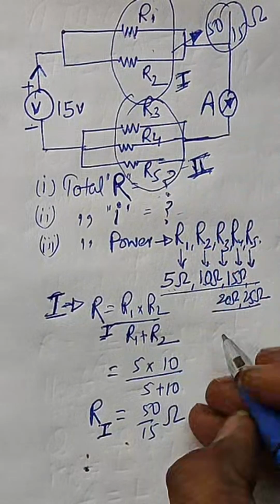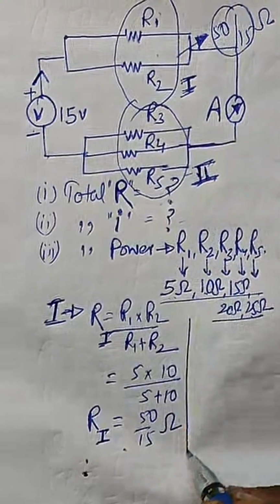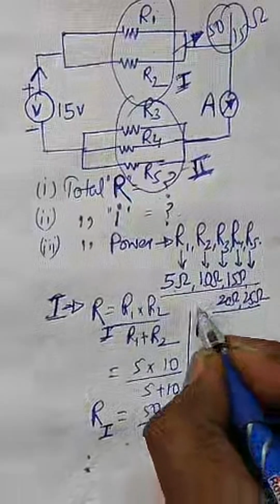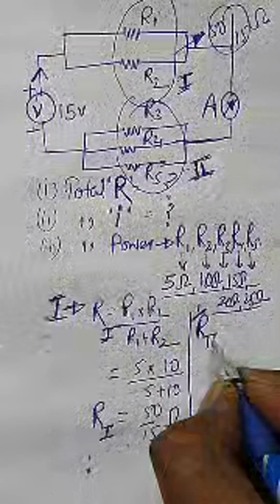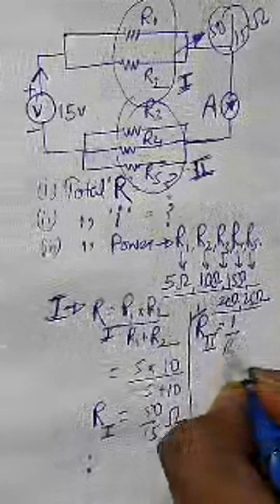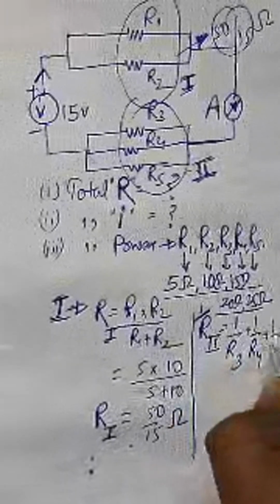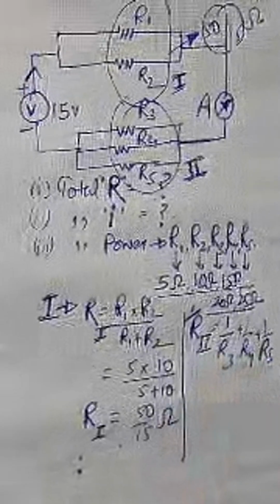For this, 1 divided by R2, right, is equal to 1 by R3 plus 1 by R4 plus 1 by R5, right? You know it.